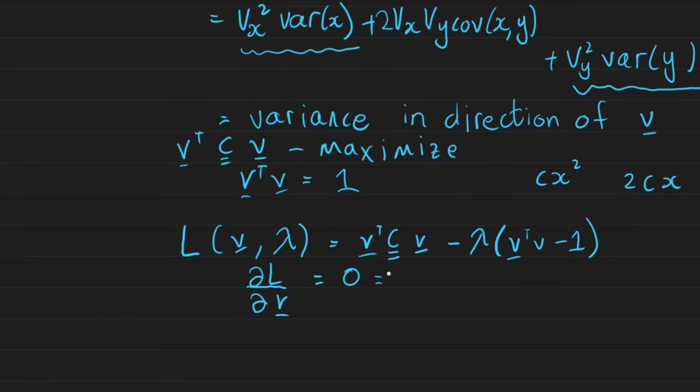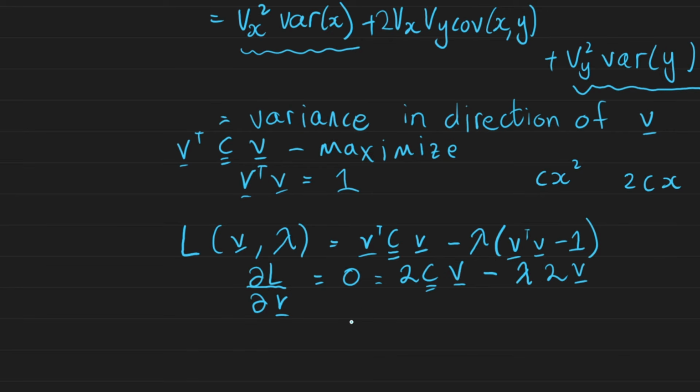So when you find the derivative of this term, what you get is 2 times the covariance matrix times v, in the same way that the derivative of cx squared gave us 2cx. And finally, we saw that the derivative of v transpose times v is just 2v, as we had explained here. So this term is lambda times 2 times this vector, and this is equal to 0.